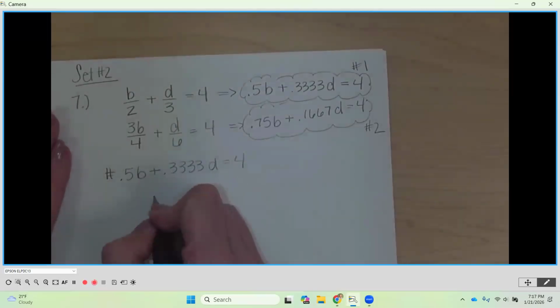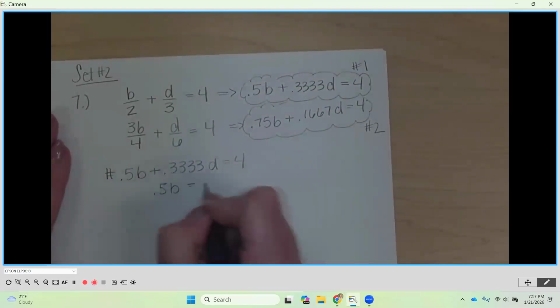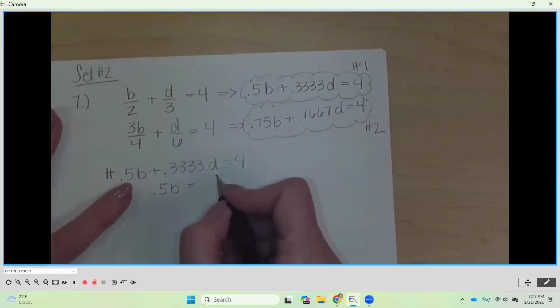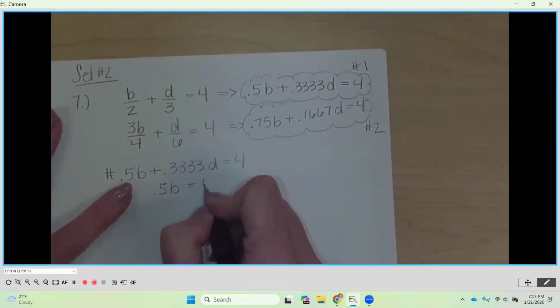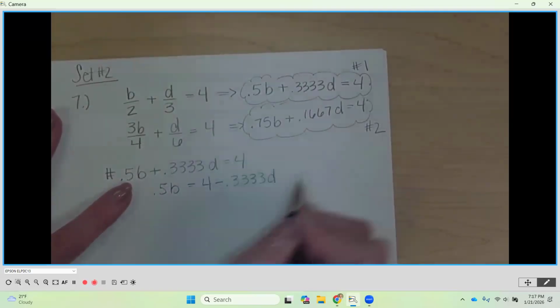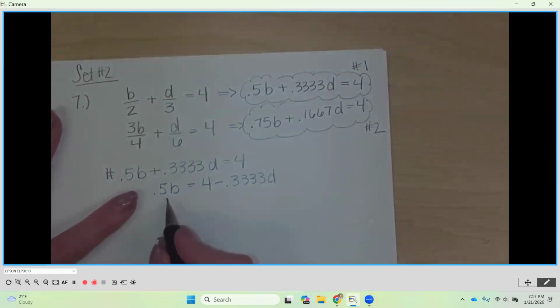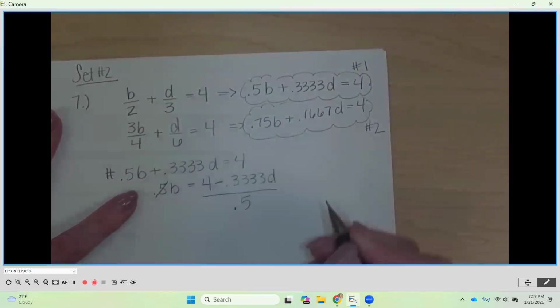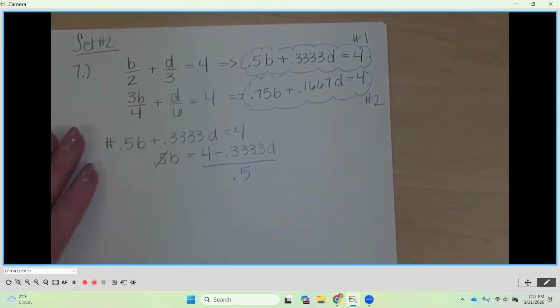So I'm going to get B by itself. I'm going to say 0.5B is equal to, I'm going to move my 0.33333D to the other side, so that's going to be 4 minus 0.333D. And then because I have my 0.5 here, I am going to divide the right-hand side by 0.5.